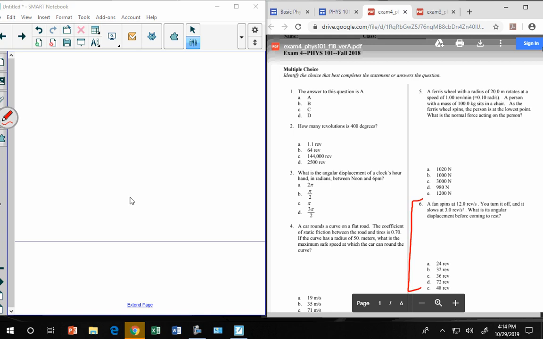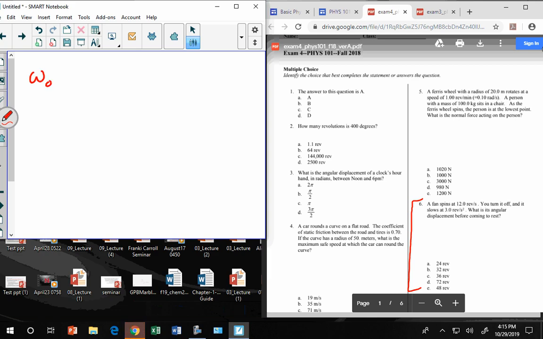A fan spins at 12 revolutions per second. The way I like to work these is I just write down everything that I know. We did this in chapter 2 as well. So I have omega naught equals 12. You turn it off, and it slows at 3 revolutions per second squared.